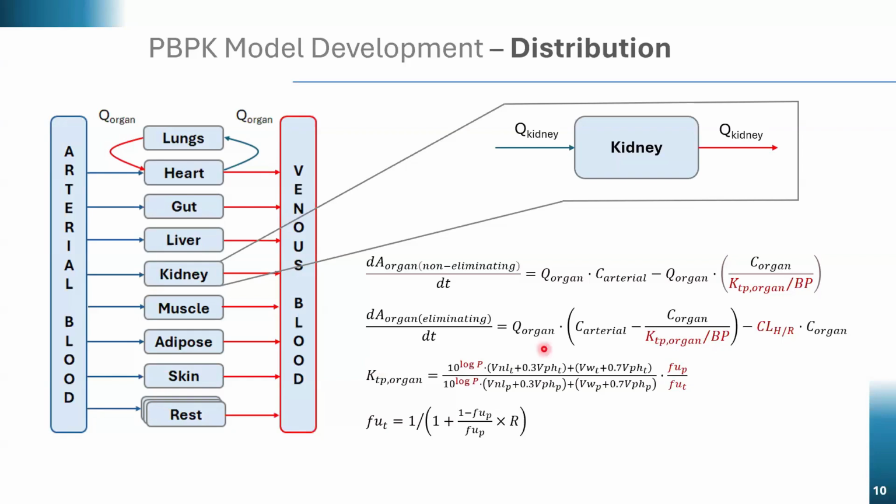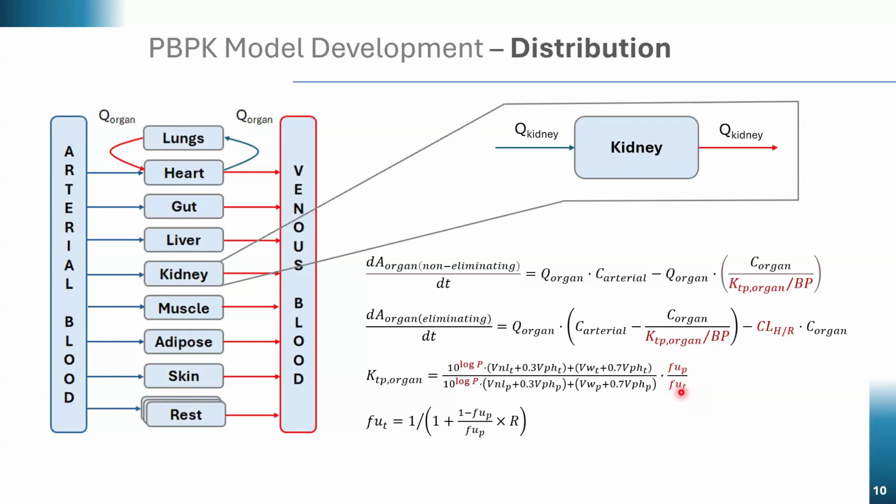And as you can see in this equation as well, we are defining it based on the drug properties as well as the system properties. So the log P is the lipophilicity of the drug, the fraction unbound in plasma, and then the fraction unbound in tissue.